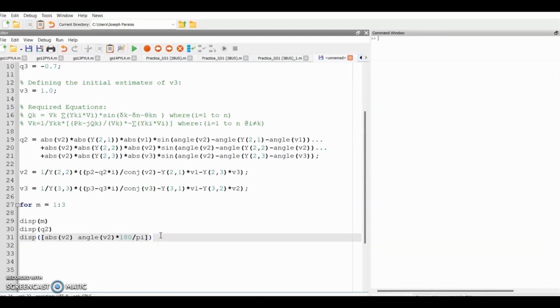This is to convert into degrees. So we need to display also the value of B3, the angle of B3, by parenthesis.